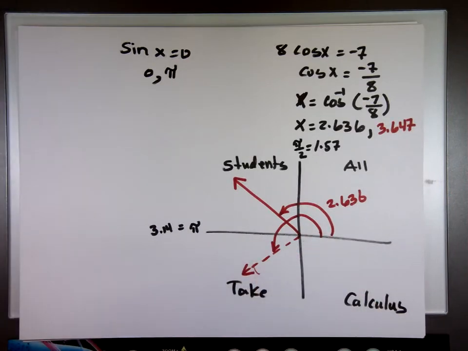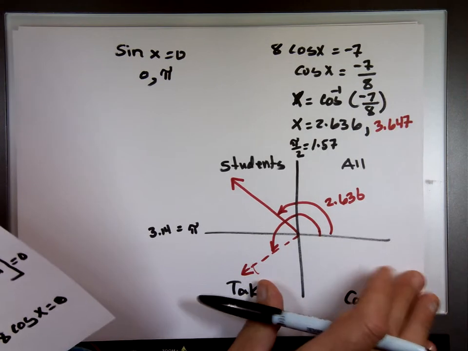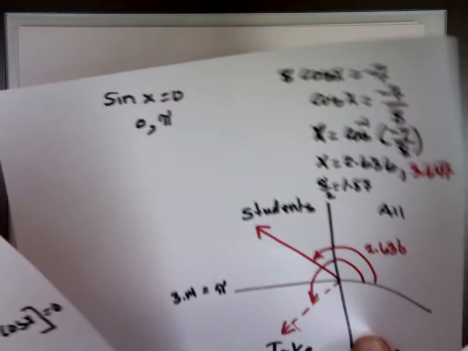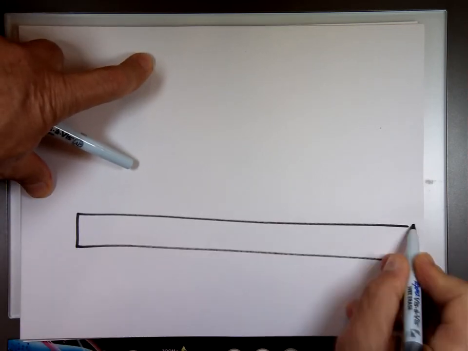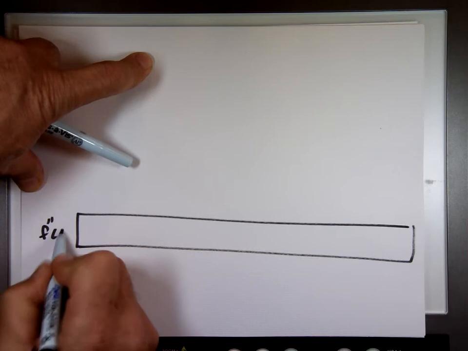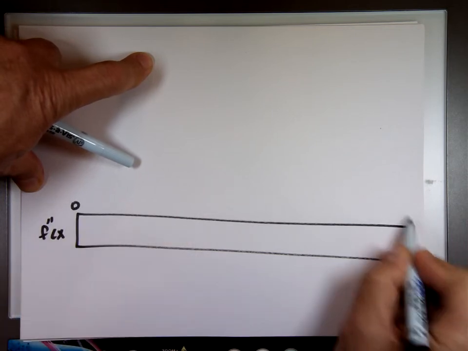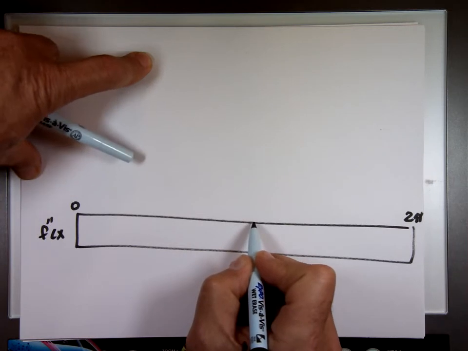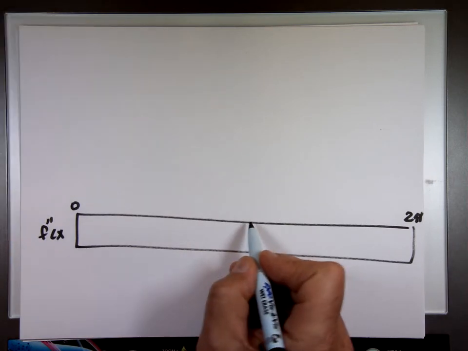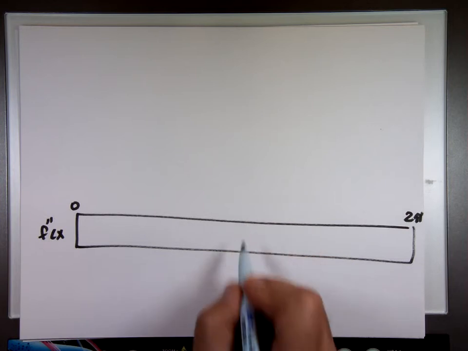So now here we go. Second derivative. I finish all my points. I get all my pieces. There's my box. This is the 0. This is the 2 pi. That's how far we are going. Sine equals 0 at pi.